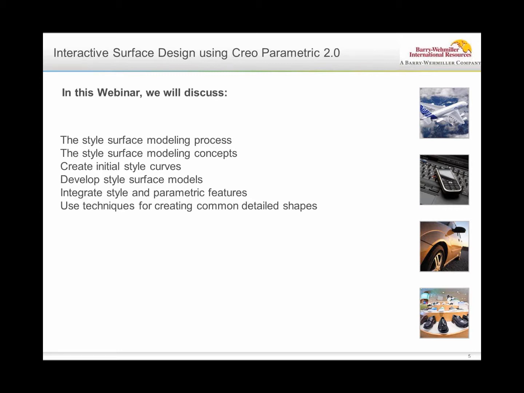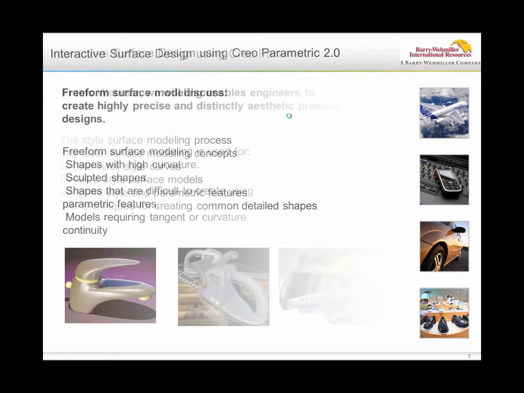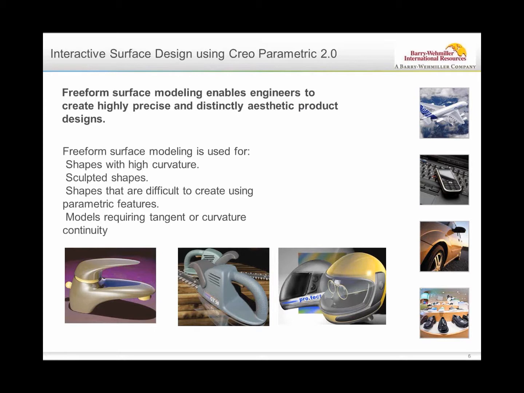So part of the issue is it's not an all or nothing kind of tool. It's a tool that you can use with your solid modeling or with just regular surface modeling, right? You can use it as a feature built into one of those, or you can design the whole model from it. Freeform surface modeling is used for shapes with high curvature, sculptured shapes.